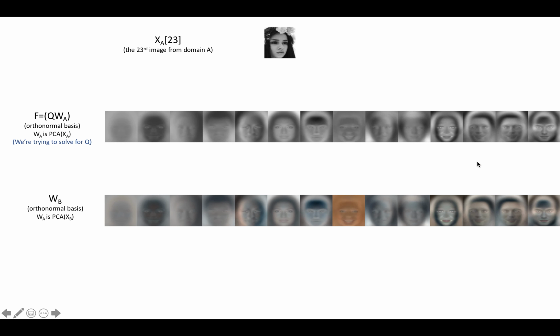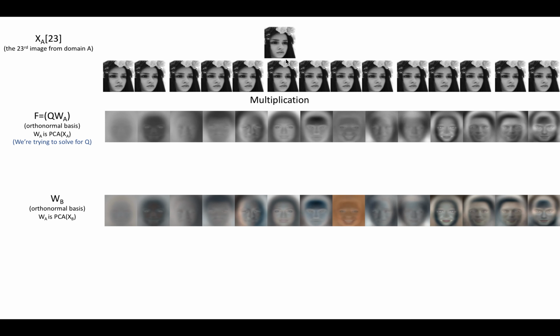So here's a rundown of the feed-forward part of our algorithm. Let's say we take image number 23 from domain A, this black and white girl. What would we do with her? Well, we have two sets of filters, orthogonal basis 1 and orthogonal basis 2, called WB and QWA. First, we take the dot product of this image with all of the first filters.